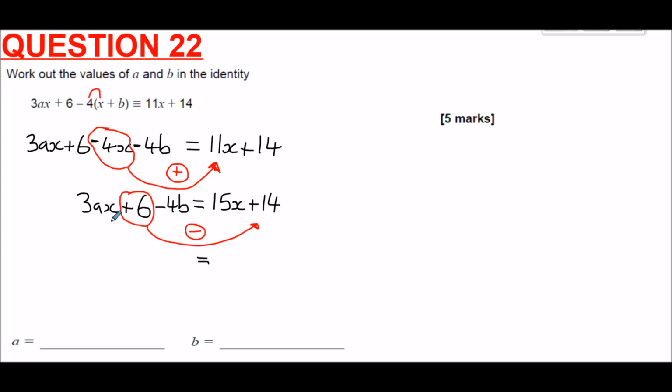So then what we'll have is just 3ax minus 4b, and over here we have 15x, and the number: we had 14, and this 6 is being taken away from the 14, so it'll be 14 minus 6, which leaves us with 8. It's still positive 8 because 14 take away 6 still leaves us with 8. If it was 6 take away 14, that'd be minus 8, so the 8 is positive.